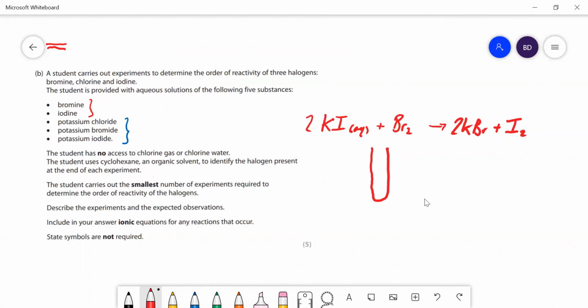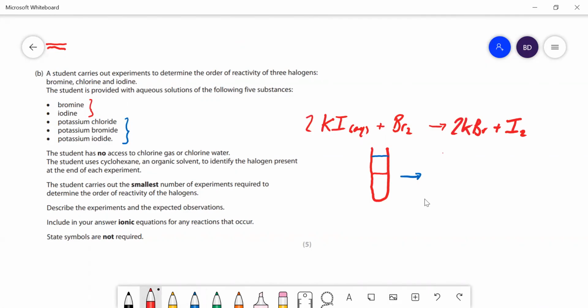Now, how do you identify which halogen you've got there at the end of the experiment? Because iodine and bromine in aqueous solution both look a bit browny. It's not immediately apparent which one you've got. So what you'd do is you would get your aqueous solution, and you would add some cyclohexane to that, and then you'd shake it up.